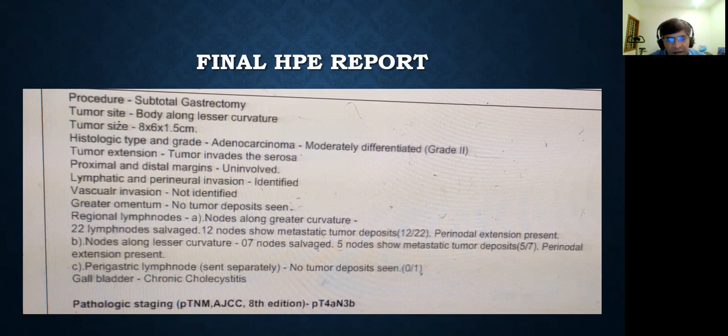Any questions, Dr. Shivaram? No, I will say like this: if there is a generalized peritonitis, it requires re-laparotomy. If it is a localized collection after the duodenal stump leak, it can definitely be managed with radiological intervention.